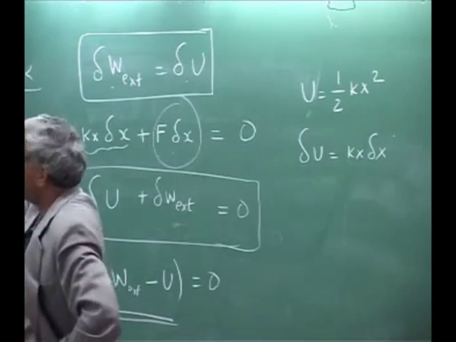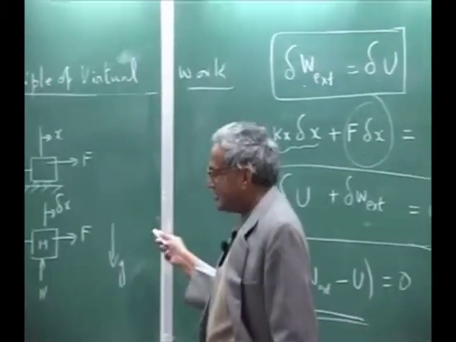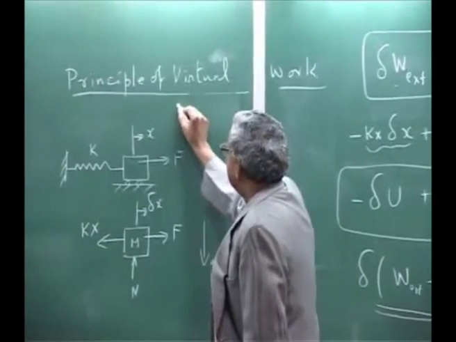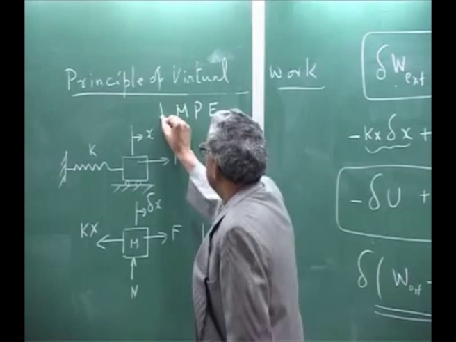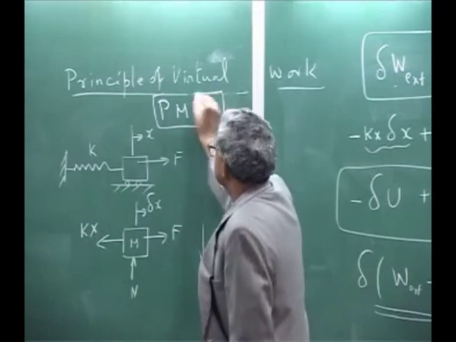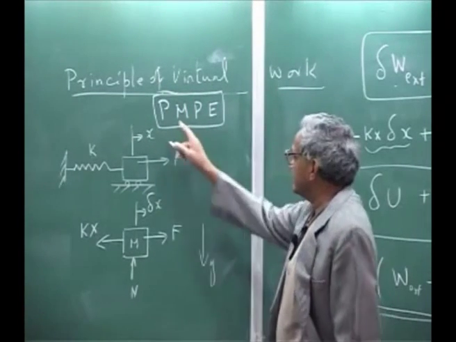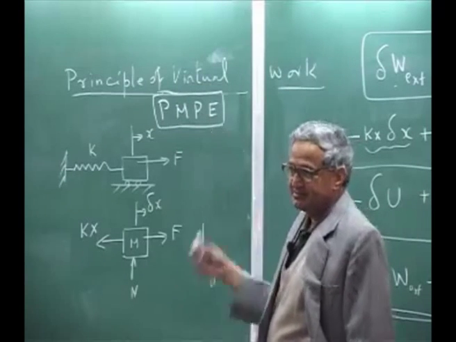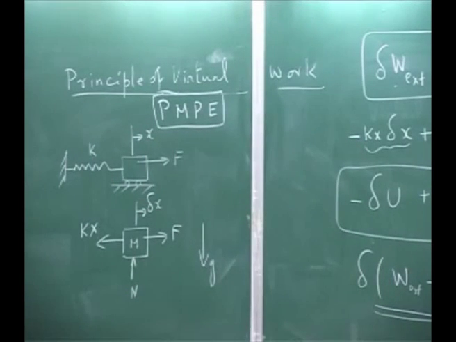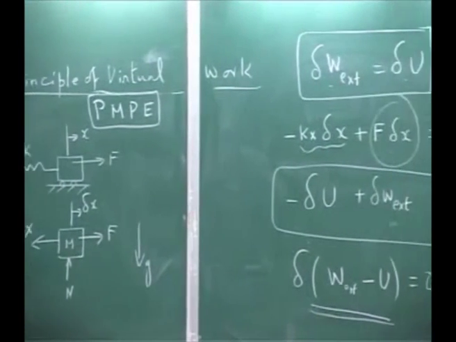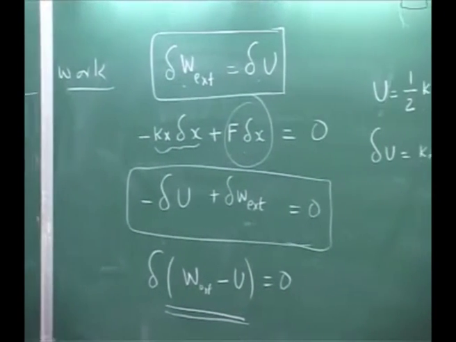So from the principle of virtual work you get the principle of minimum potential energy, PMPE. That is, delta W external equals delta U for a static problem.